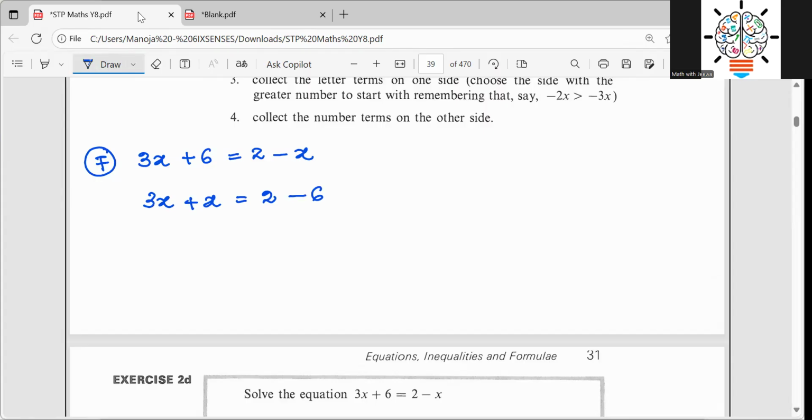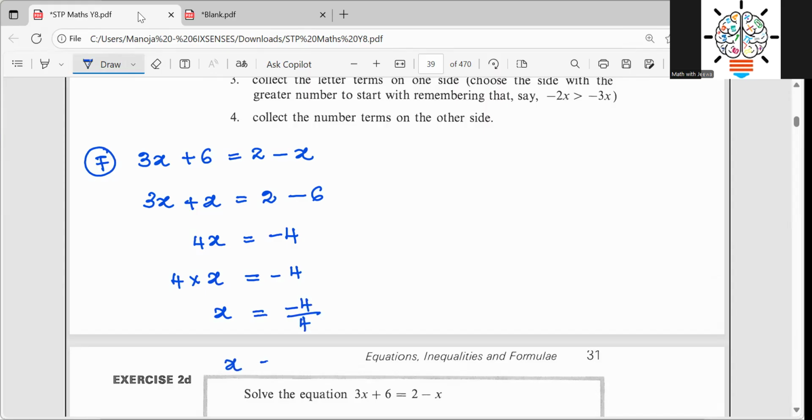What I did, I collected the like terms on one side. For example, the 3x is on the left side, and I brought the negative x to this side as positive x, then 3x plus x is 4x, and here 2 minus 6 is minus 4. What do you mean by 4x, children? That is 4 times x equal to minus 4, and x is equal to minus 4 over 4.